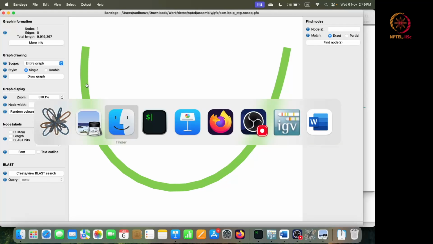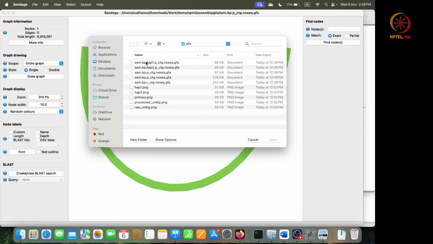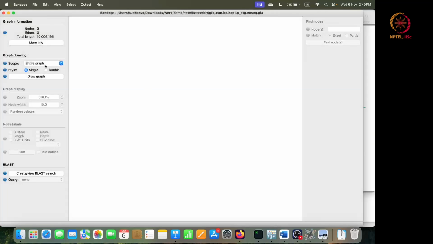Let us also visualize the assembly graphs that it has generated for haplotype 1 and haplotype 2. For haplotype 1, we see that there are 3 nodes and the total length is 10 million 6195.